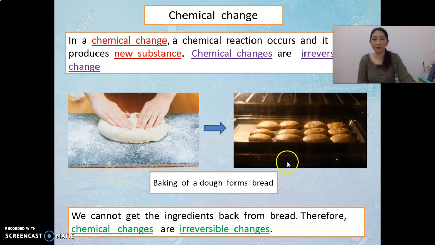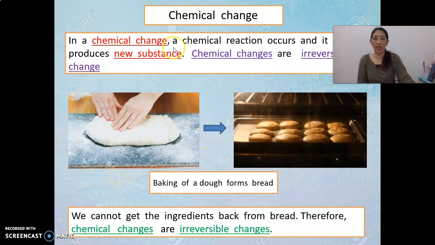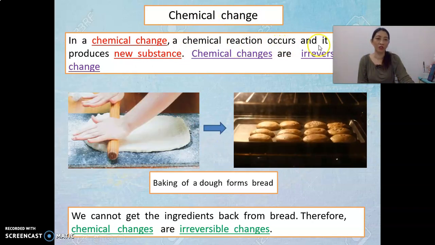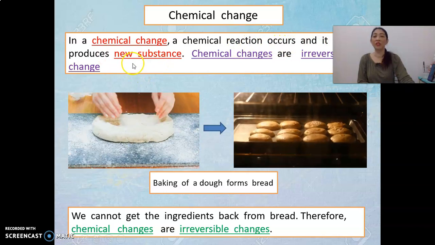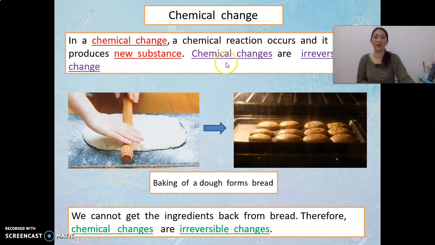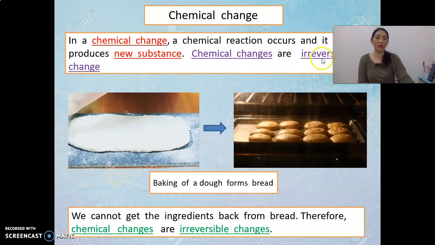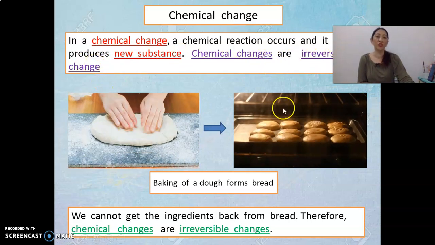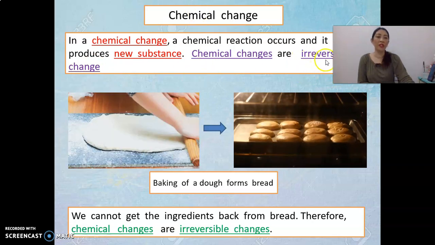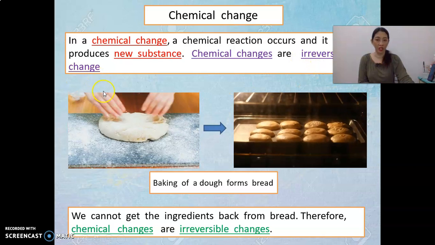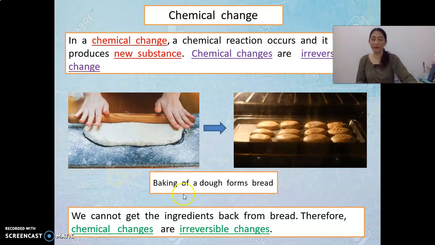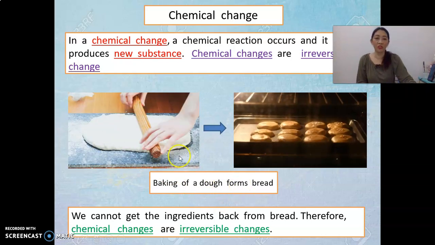This is chemical change. In a chemical change, a chemical reaction occurs and it produces a new substance. Always a new substance. Example number 1 is baking of nuts forms bread.